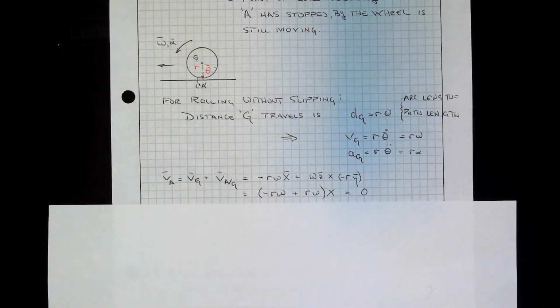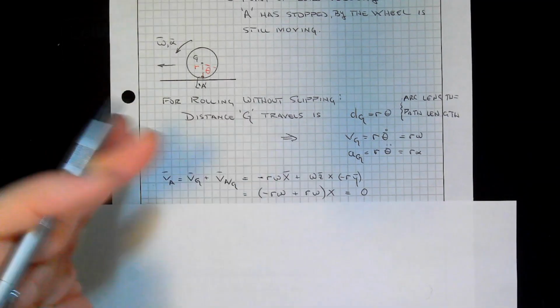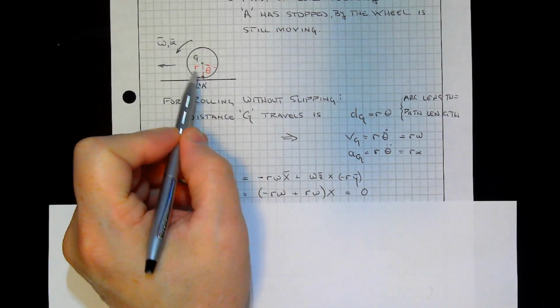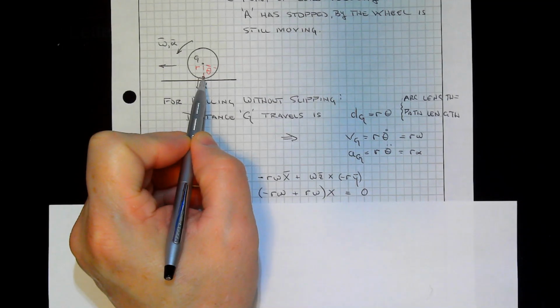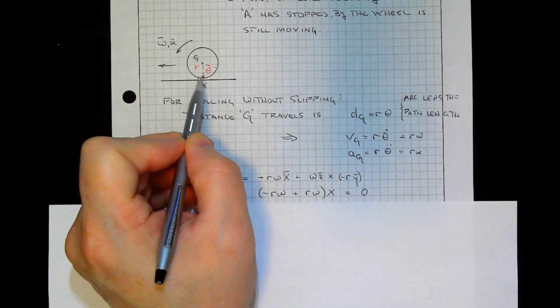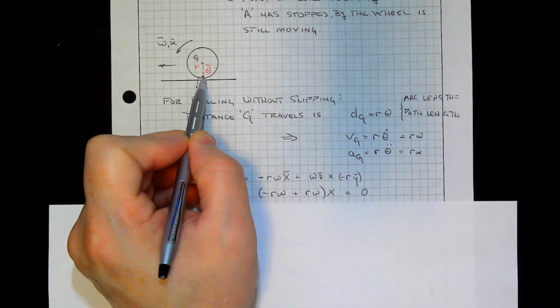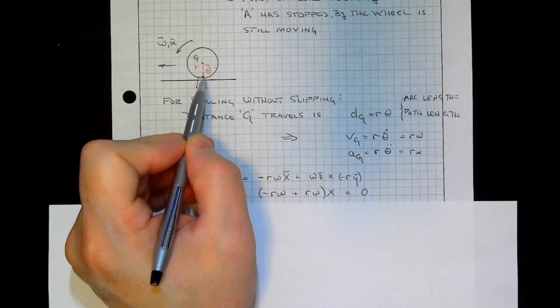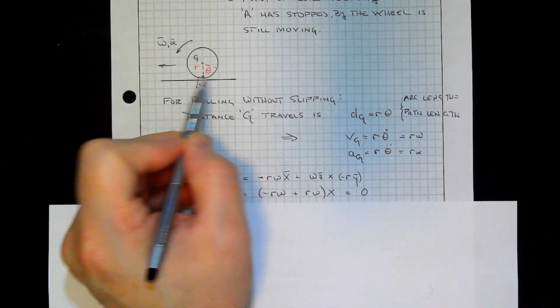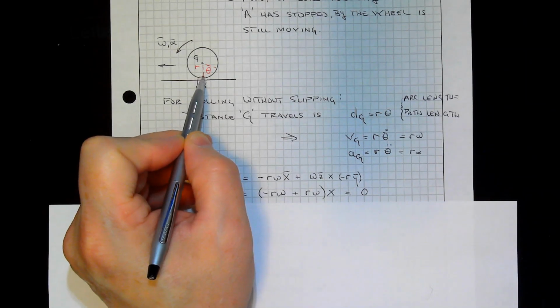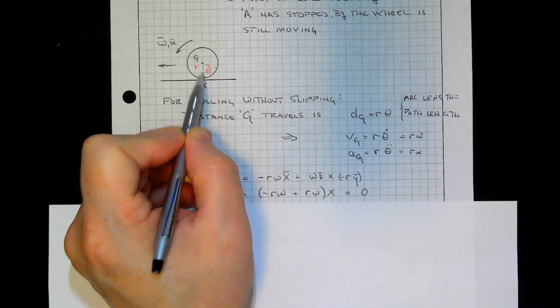What's the acceleration of A? Well, once again, let's think about this intuitively. If this is rolling without slipping, this point comes into contact with the ground, it's not moving forward or backward. What's its next move going to be? Straight up. So it makes sense that there's no horizontal or tangential acceleration, but the normal acceleration will be straight up.